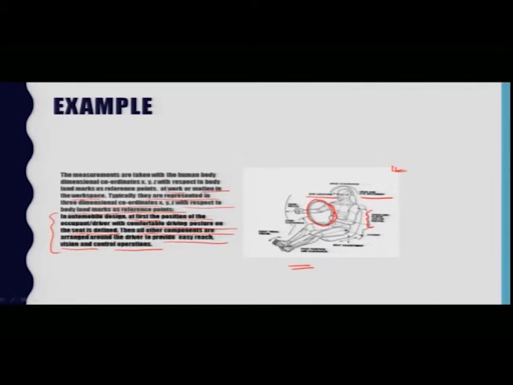You can see that the eye location is a main segment, head and eye movement should be considered, and the designer has to take care of shoulder, elbow and hip widths. Basically the designer's aim is to take care of the hand reach, there should be proper knee clearance, and enough distance so that a person having a shorter height and shorter foot length can easily press those pedals in the form of clutch, accelerator and brakes, and there should be proper foot position and clearance, as well as seat adjustment.